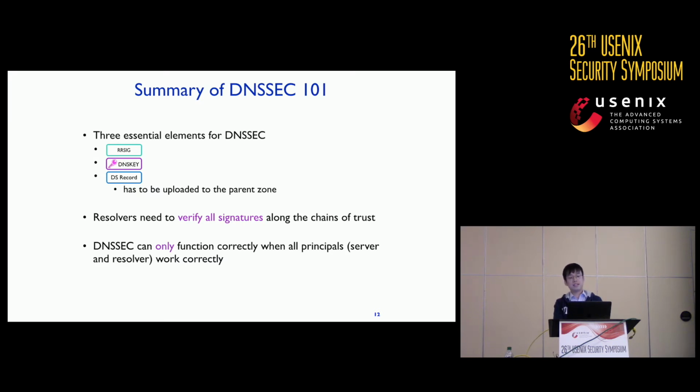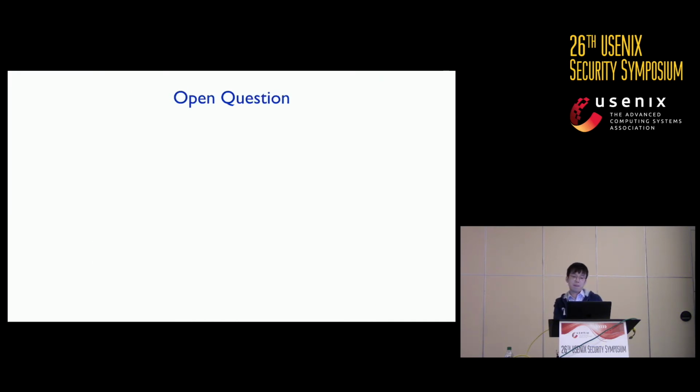And DNSSEC can only function correctly when all principals, including authoritative servers and resolvers, work correctly. It's almost 20 years since DNSSEC was deployed, but we still don't know whether it is deployed correctly or not. So our question is, how is the DNSSEC PKI ecosystem managed?